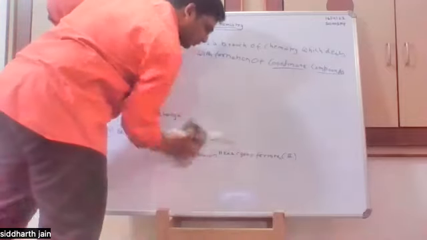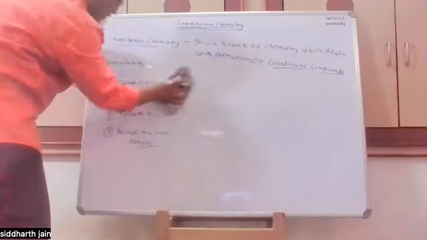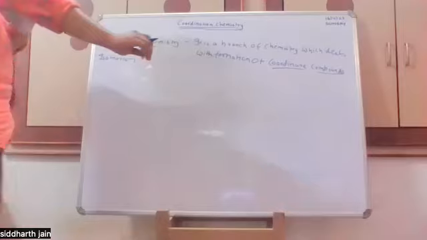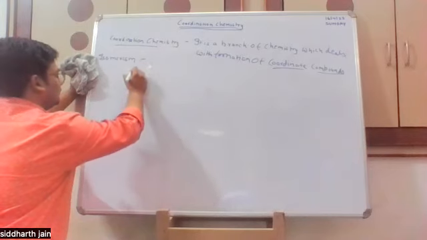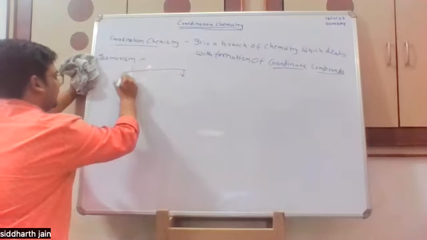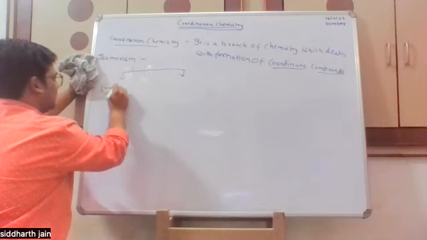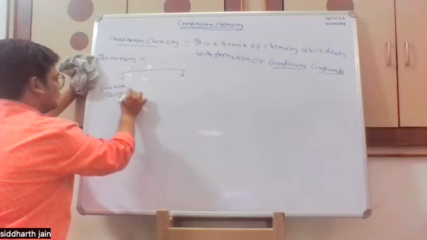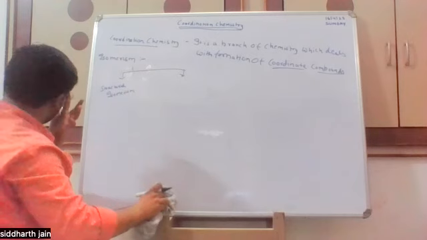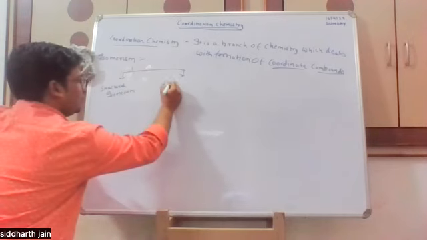So the next topic is isomerism in coordination compounds. If we look at isomerism, there are two different types. The first one is structural isomerism. The second one is stereoisomerism.